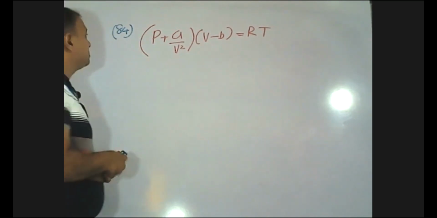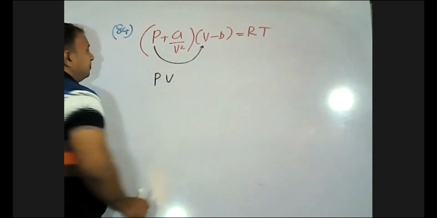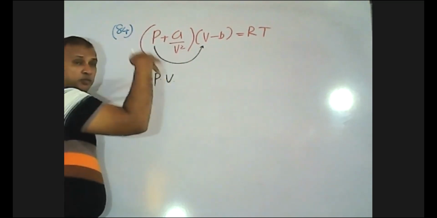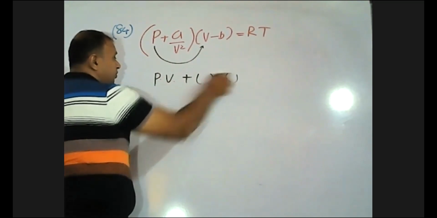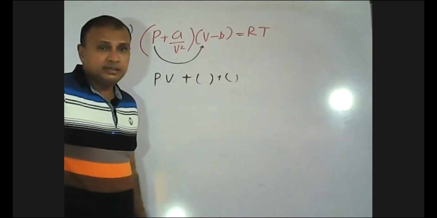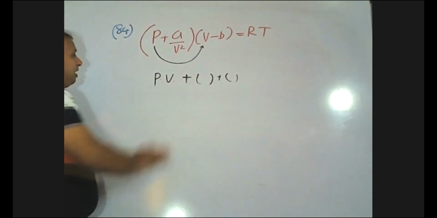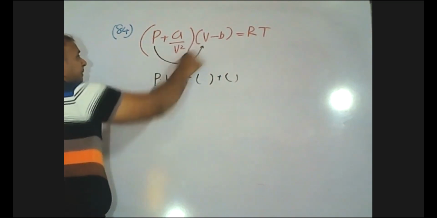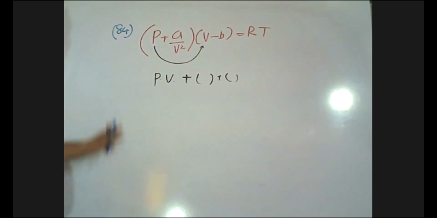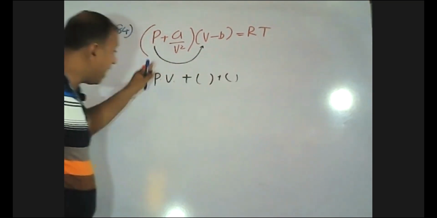Just do it for two terms, P and V. If you multiply P and V, you will have P into V. As this is an equation, all the terms of this equation should have this dimension.